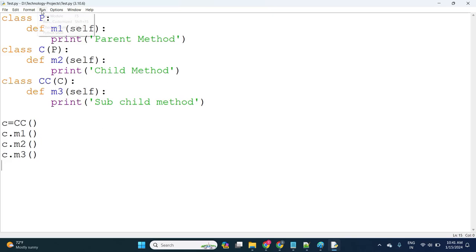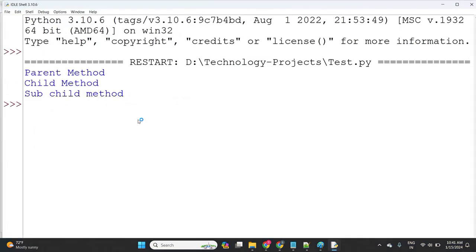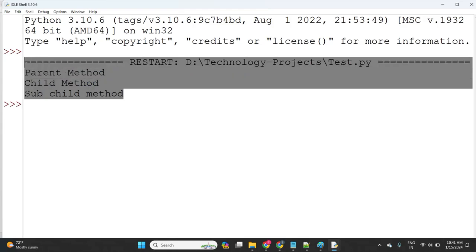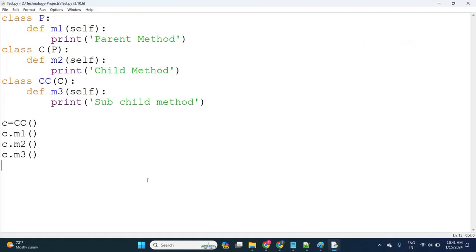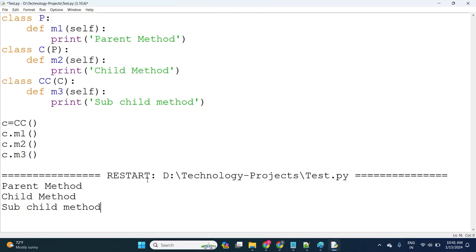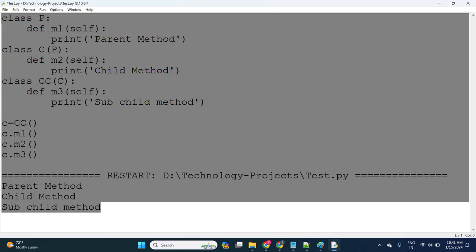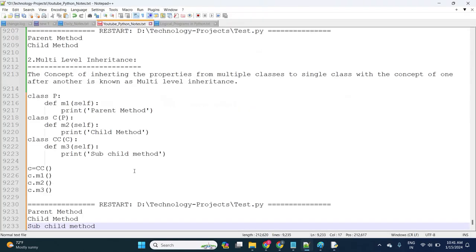Now observe the output: parent method, child method, and subchild method. Clear? This is nothing but multi-level inheritance.